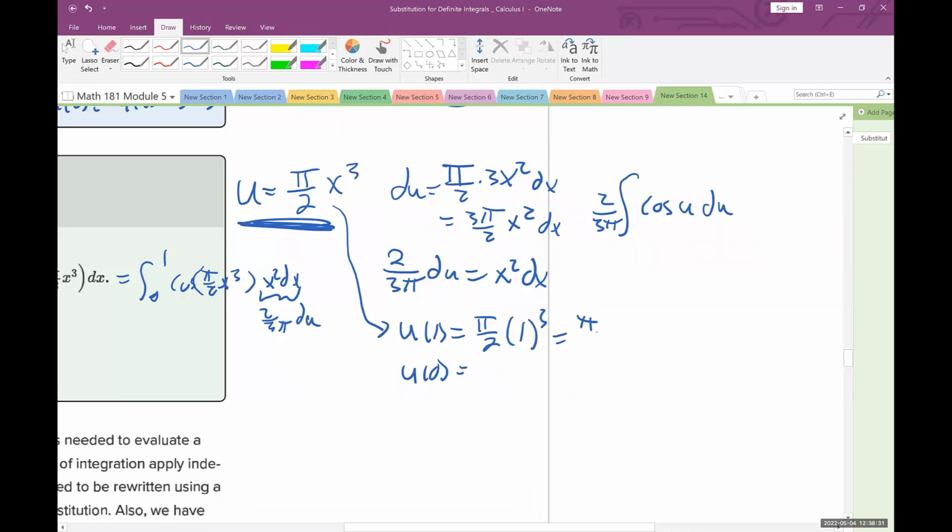So it's pi over 2. And then if I put 0 in there, it's pi over 2 times 0. And what is that? 0. So it's going to be the integral from 0 to pi over 2 of cosine u du. And I get that 2 over 3 pi out front. I get multiplied by whatever the result would be.